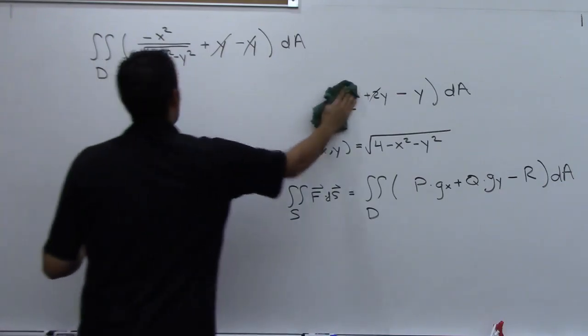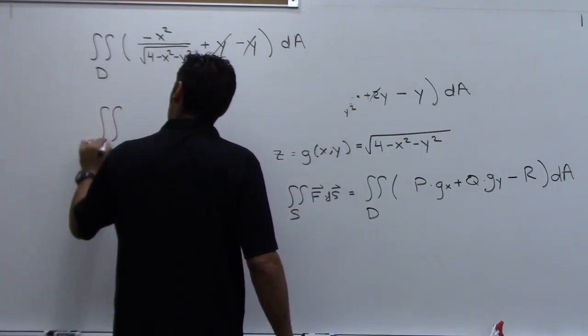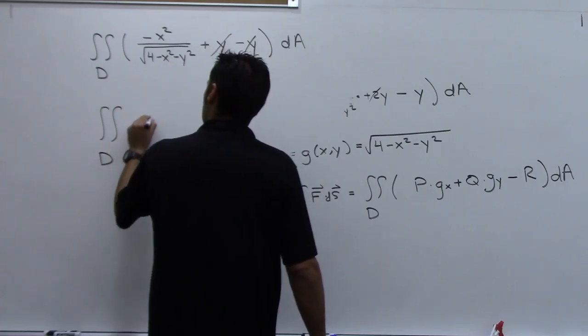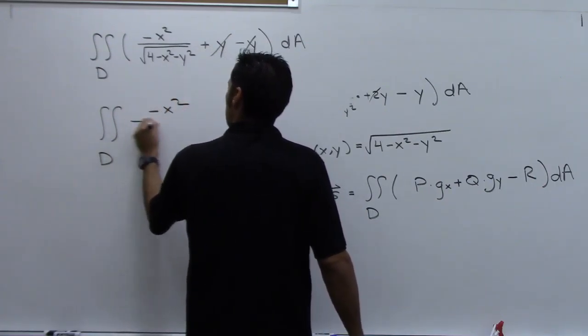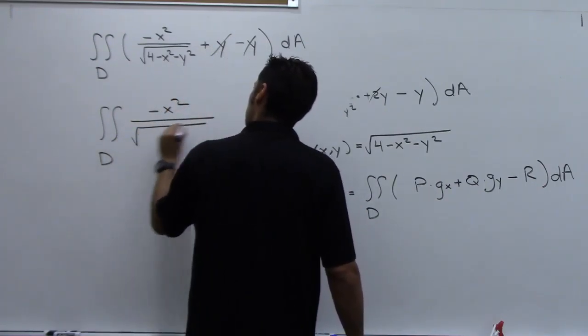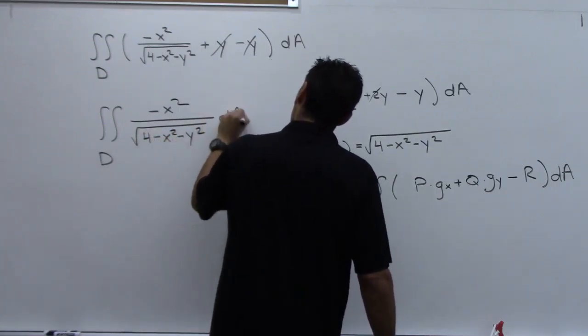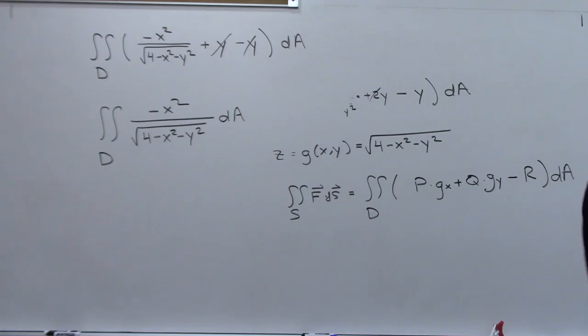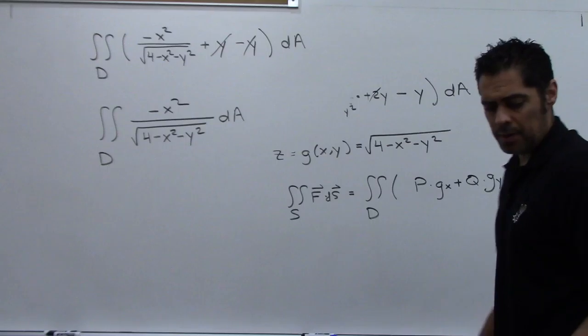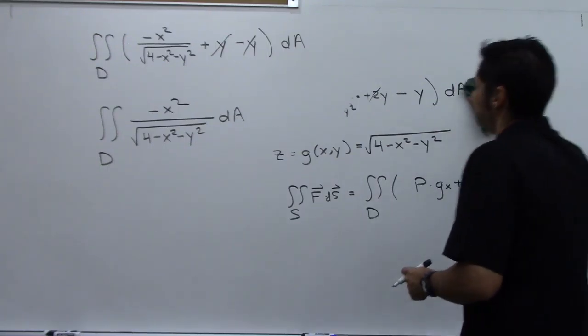And we get the double integral over D, negative X squared over square root 4 minus X squared minus Y squared dA. That doesn't seem right, but let me see, which one am I doing? 25. No? Okay, that's good.